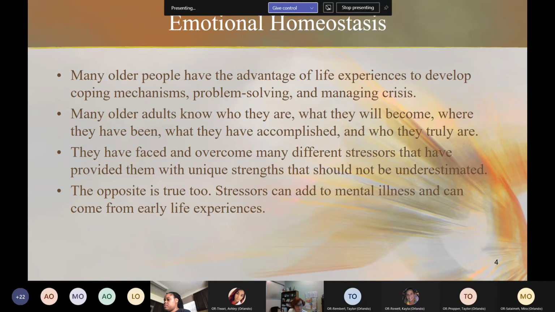So emotional homeostasis really, as I've kind of mentioned already about the coping mechanisms, most of our older adults know who they are. They do know what they want out of life. Most of them are really happy with their life, and they expect to have some productive years after they retire.